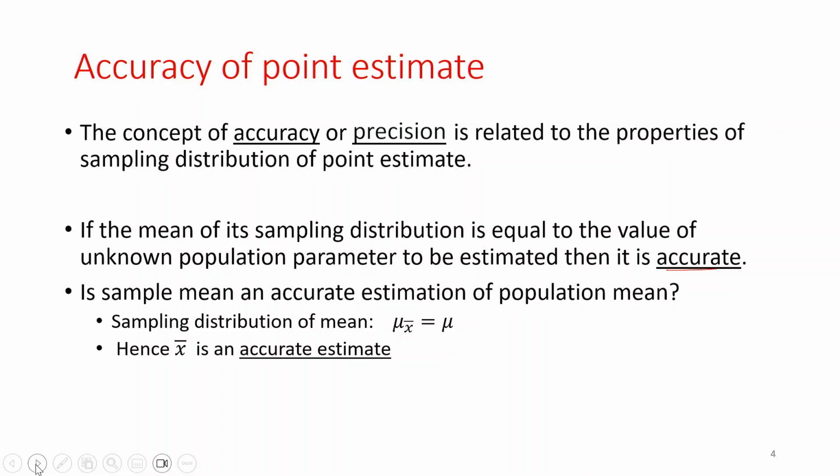Like if the sample mean, and the question is, is the sample mean an accurate estimate of the population mean? Then the answer is, sampling distribution of mean, which is mu x bar, is equal to mu.